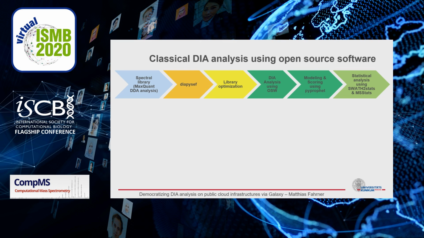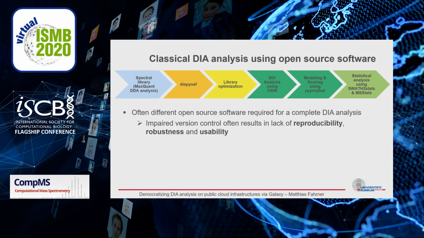Here we can see an example of a classical DIA analysis workflow using open source software. The different colors indicate if the analysis steps are performed using a graphical user interface, on command line, or directly in R or Python. The involvement of different software in a complete DIA analysis and the different software versions often lead to an impaired reproducibility and robustness of the complete workflow, complicating the usability in general.